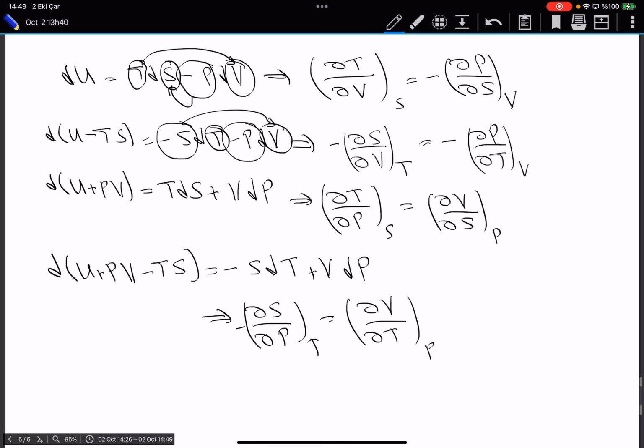So these are the four Maxwell's equations of thermodynamics.